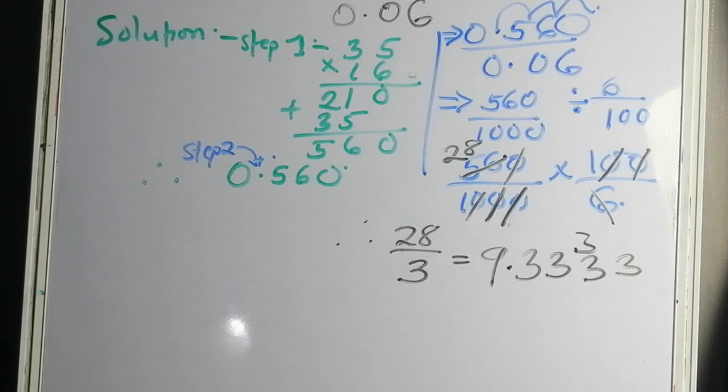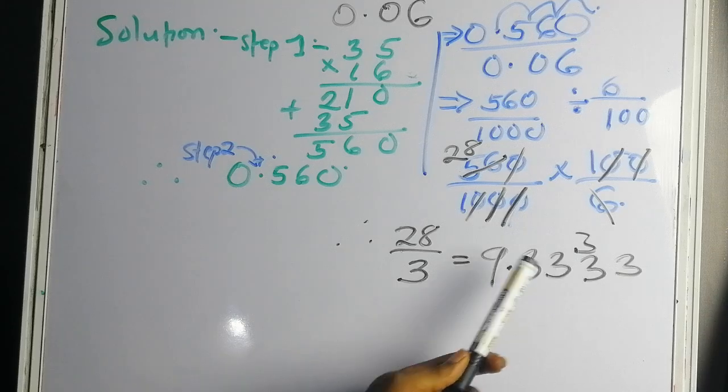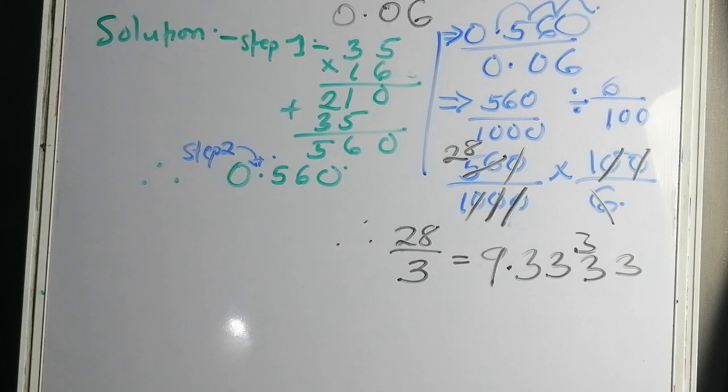So converting this to 2 decimal places, I've told you, after the decimal point you count 1, 2. What is the next figure after that 2? It is 3. Is it up to 5? No, it's not 5 or greater than 5. So we cannot add 1 to the previous figure.